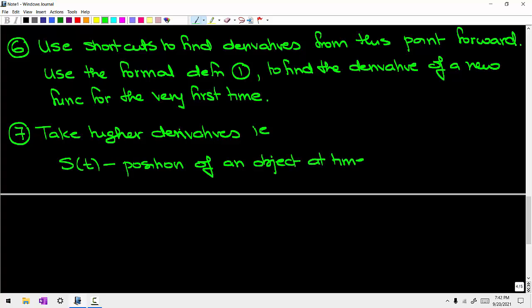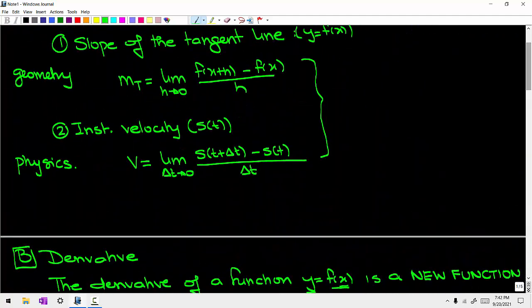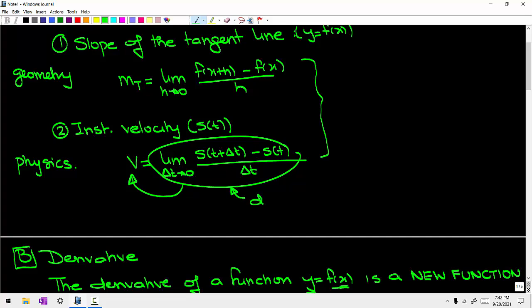And we learned that if we use this formula, we ended up with something called instantaneous velocity. This formula is basically just the derivative except with different notation. Instead of f and x, we have s and t, and instead of h, we have delta t.